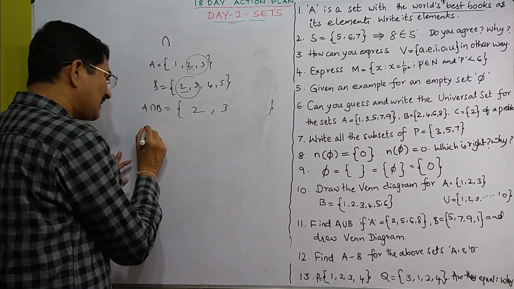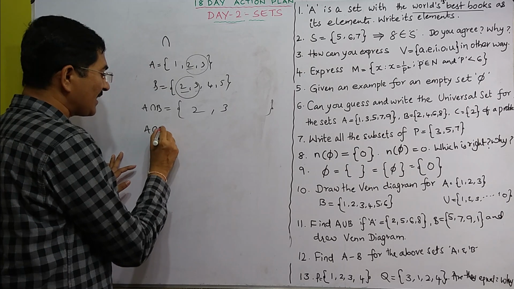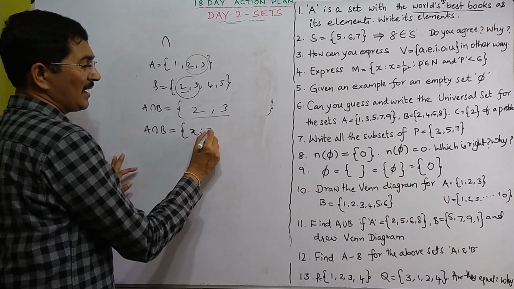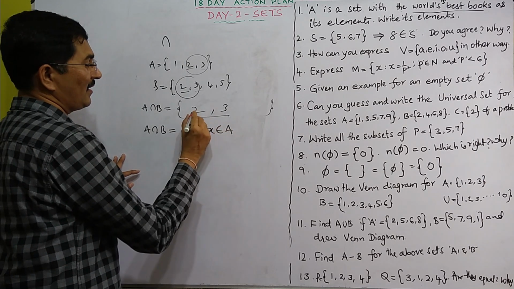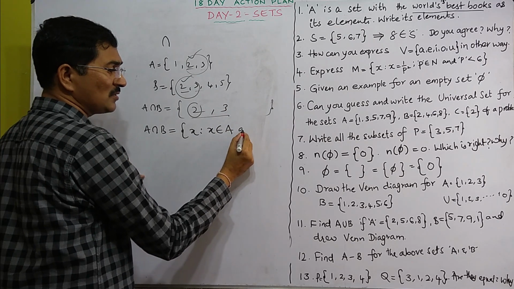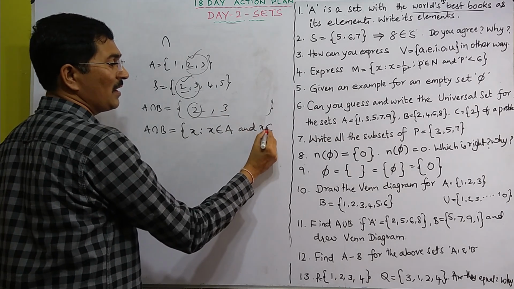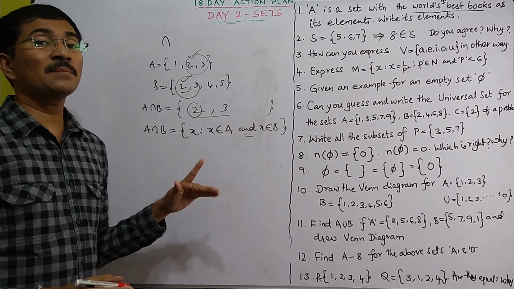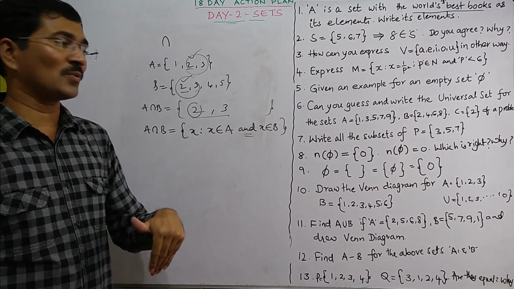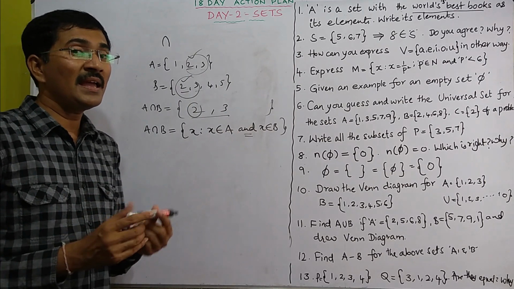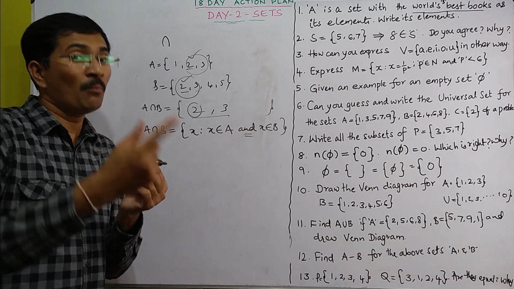Now how can we write the set builder form for A intersection B? Now this has all x's such that x belongs to A, yes or no? But it also belongs to B. So x belongs to A and x belongs to B. There it was OR for union because that may belong to that one or this one. But here it should belong to both, and. So when I ask you give me red pen and blue pen, you will give both.